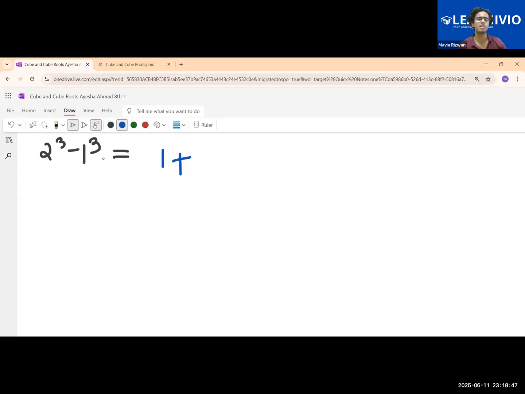Now Aisha, the two numbers which we are cubing are 2 and 1, so 2 into 1 we are doing, and since it is cube, multiply 3 to it. So now this should be 1 plus 3 times 2 is 6, so 1 plus 6, that is 7.